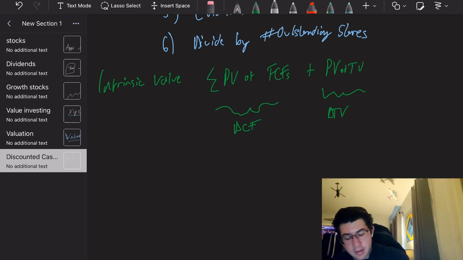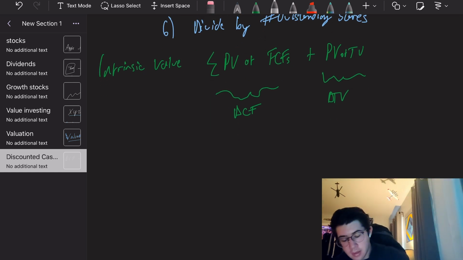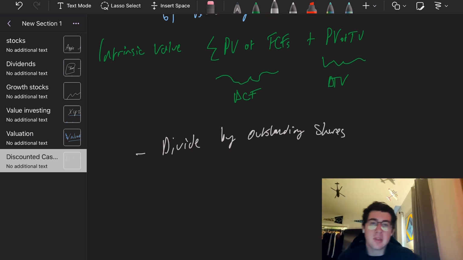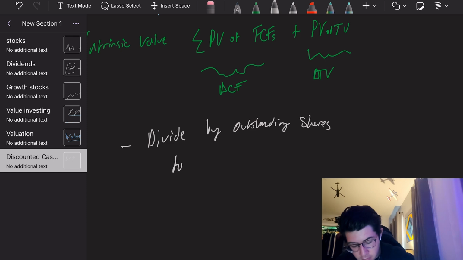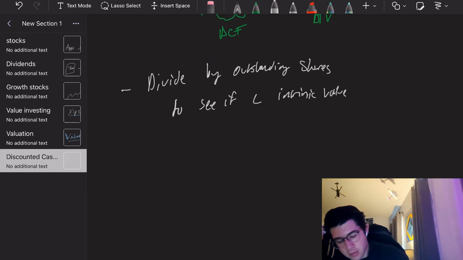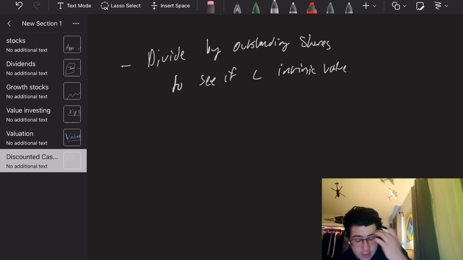And then you have to divide it by the outstanding shares, to see if the share price is less than the intrinsic value. And obviously you don't have to do this all by hand. You could just use like an online calculator or Excel. But yeah, essentially that's how you find the intrinsic value.